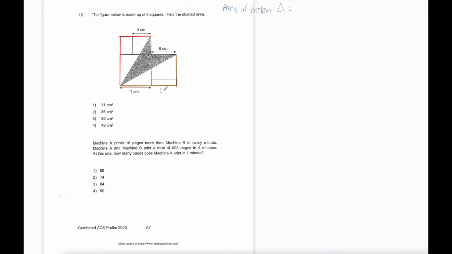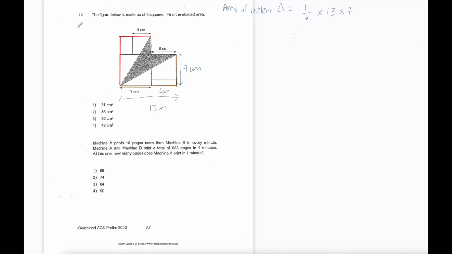My base is, the whole thing is 13, correct? Because 7 plus 6. And then my height is actually just 7. Okay, can see? So this is 7. So this is also 7. Got it? I'm going to erase this part inside. So it's half times 13 times 7.